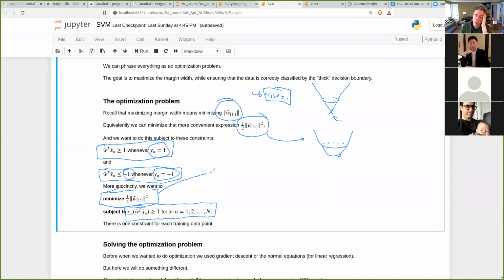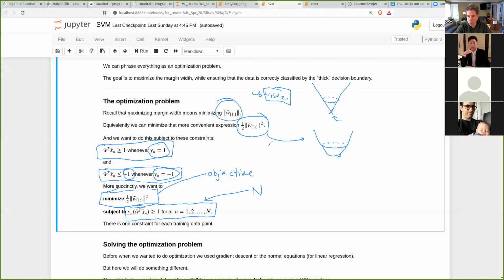We have one objective, the thing that we want to minimize. And how many constraints do we have? We have a set of n constraints. This was a hard part for me when I was learning about support vector machines, I just couldn't believe that there were that many constraints. But we have one constraint for every training data point.